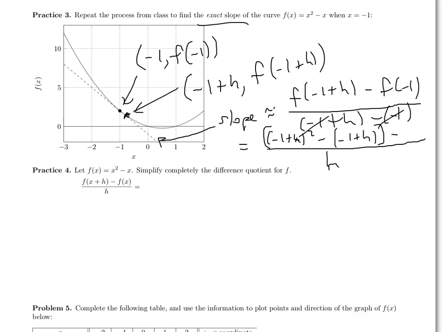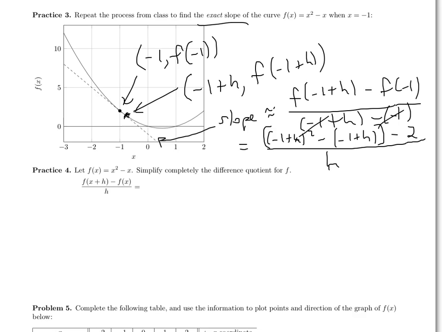And then I'm subtracting from that f of -1, which I get by just putting -1 in for x here. So (-1) squared is +1, 1 minus -1 is +2. And you can see that that's about right. I mean, you can kind of see from the graph that 2 makes sense. And so the rest of the problem is just simplifying this thing.